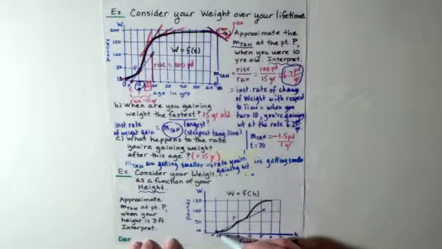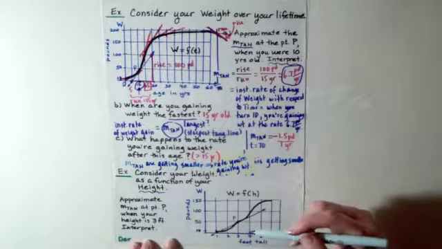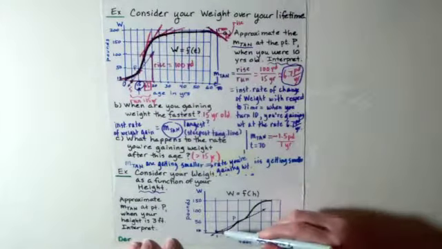Well, what happens as your life proceeds, you start to get taller. So you grow to be 2 feet tall, 3 feet tall, 4 feet tall, 5 feet tall, 6 feet tall, and so on. And what happens to your weight? Well, generally as people get taller, they also gain weight. So your weight is going to go up.